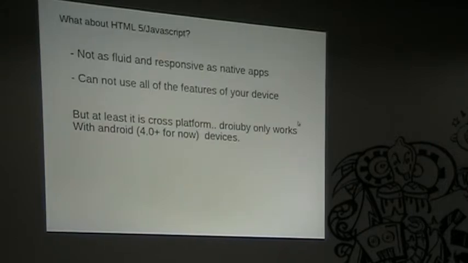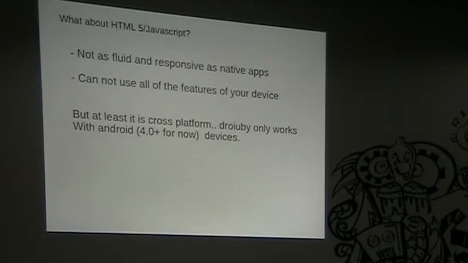Okay, so what about HTML5 JavaScript? We're hearing lots of sites concentrate on building mobile sites based on HTML5 and JavaScript, but there are disadvantages as well. It's not as fluid and responsive as native apps. We've heard Facebook has recently moved to building a totally native UI.